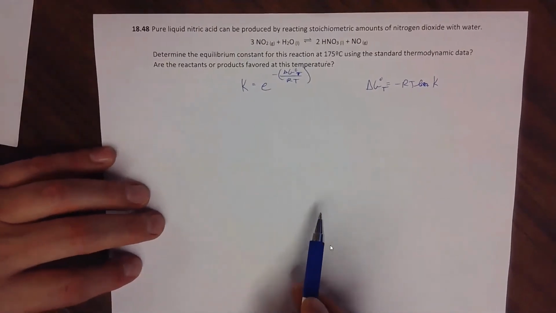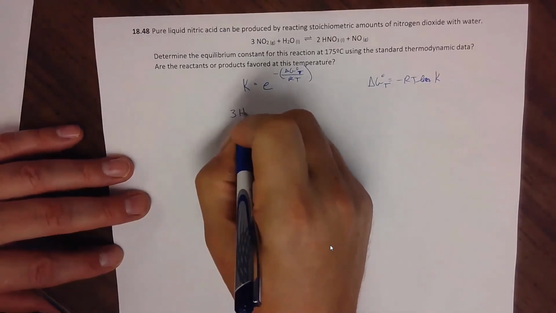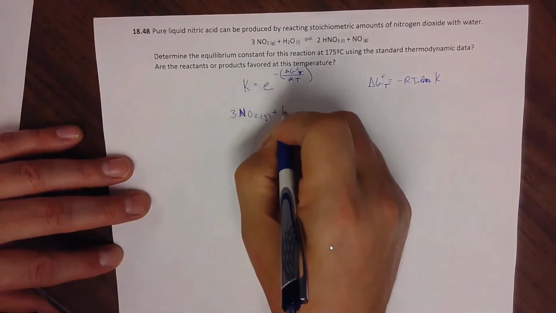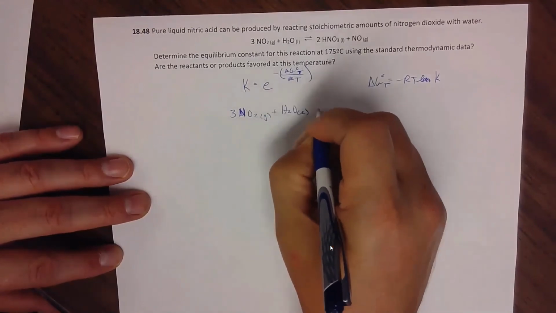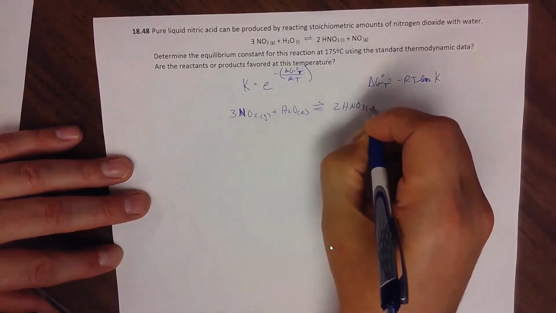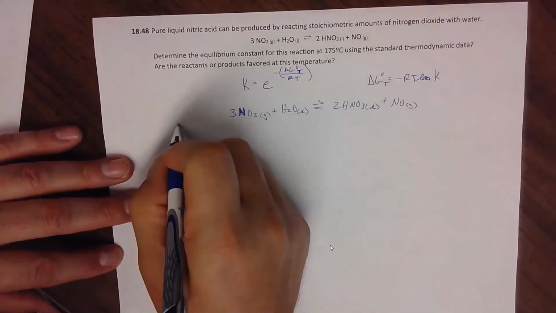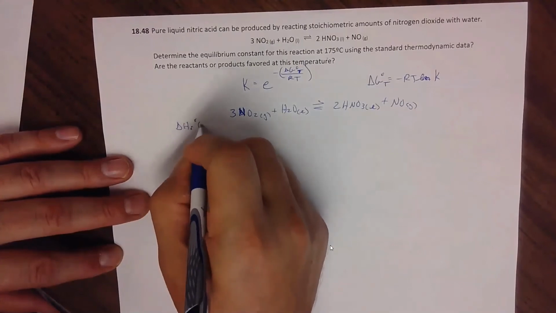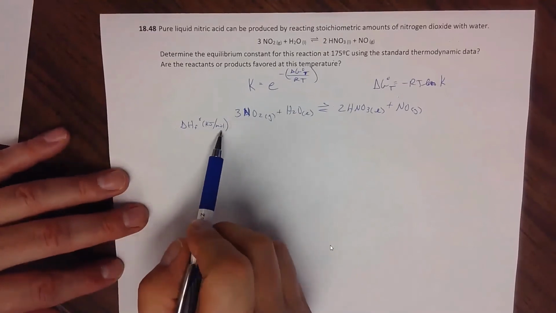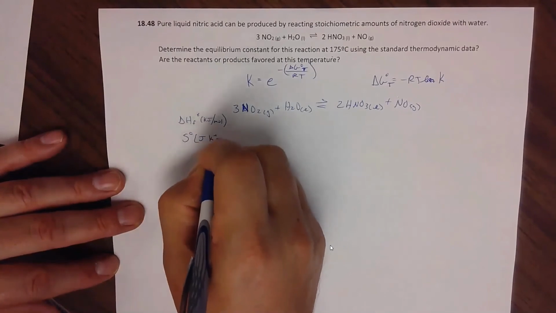So again, we're going to go through the same thing. We've got to find del G. But since it's at a non-standard temperature, just like we did before, we will need to use del H and del S. So we'll look up the free energies of formation in kilojoules per mole, and we'll look up the absolute entropies in joules per Kelvin per mole.